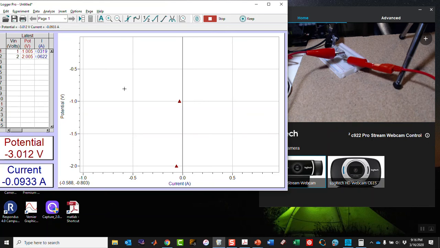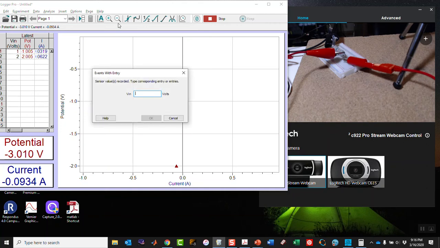There we go. And let's tap to keep. You notice that the current actually drifted downward. The current is actually acting negatively. So you see that it's 0.0934. So this is 3.0. Click OK.